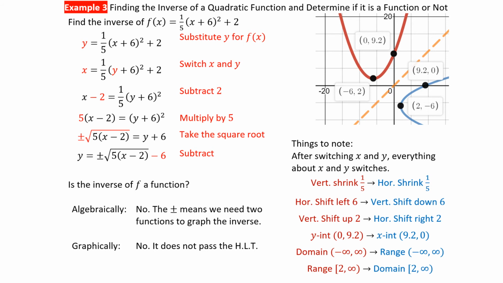And finally, what was the range for the original parabola? The vertex had a low point of 2, so we go from 2 to infinity, rising. And now that parabola in blue has a far left y value of 2, and it's going to move to the right forever. So everything about the domain and range switch places.